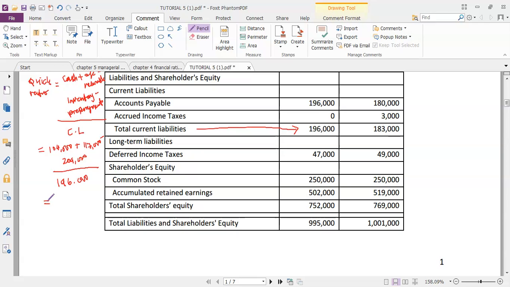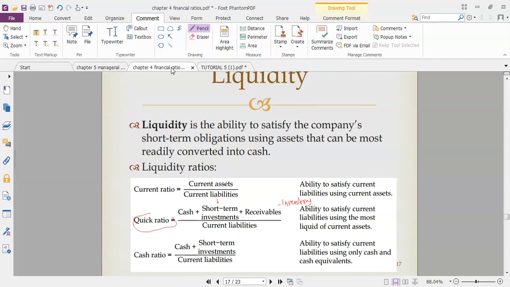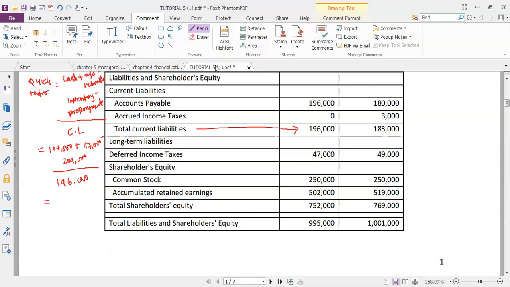So what is your answer? What is your answer? Is it 0.06?